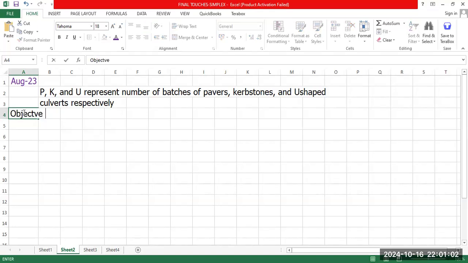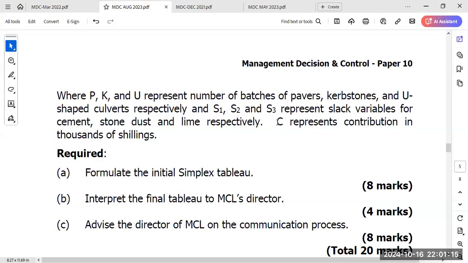Objective function. Here we are to maximize contribution, basing on our question. Even here, they define C to represent contribution in thousands of shillings.